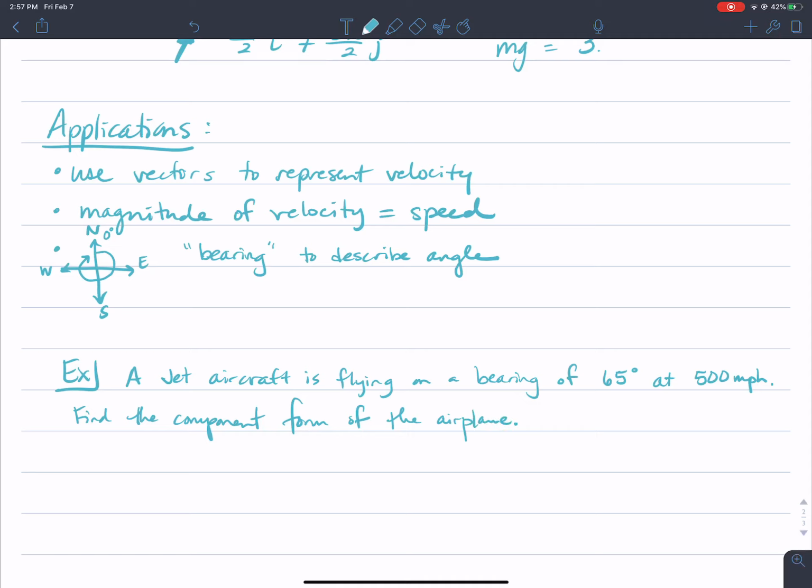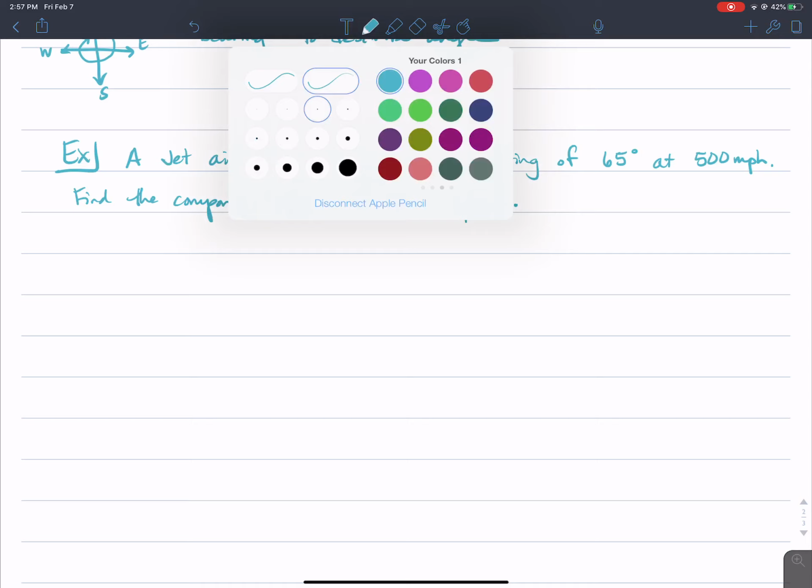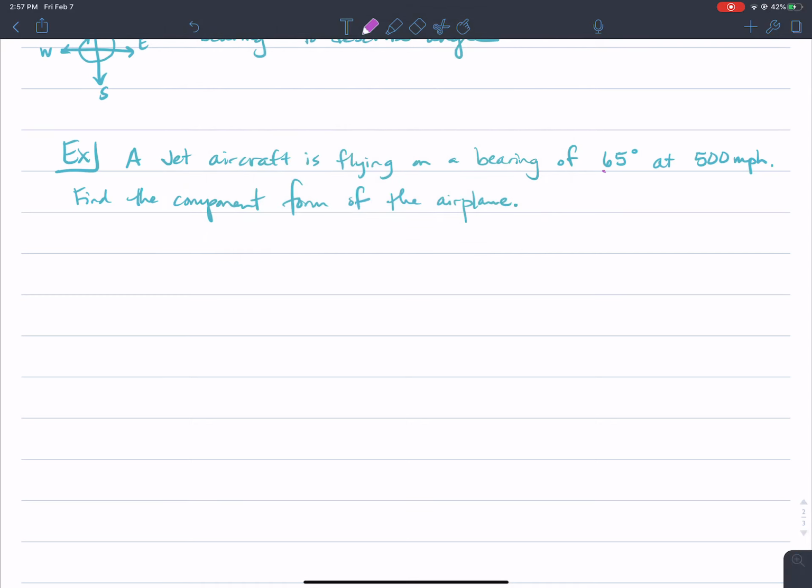Okay, so this is pretty straightforward because it's just like the problems we've been doing. The only difference is how we are going to label our angle. So we've got this 65 degrees right here. The difference is when we make our picture, you always want to make a picture. 0 degrees is north when we see this word bearing.